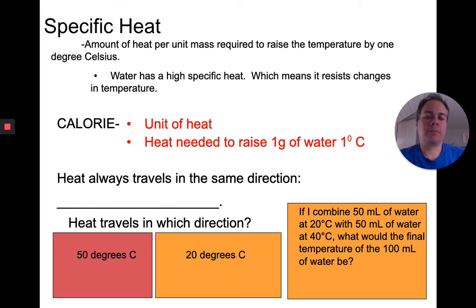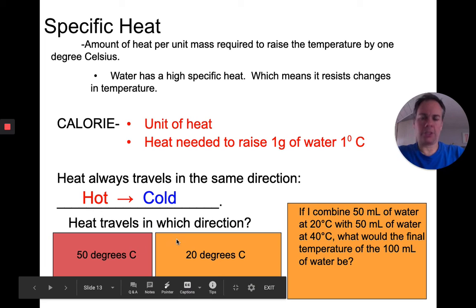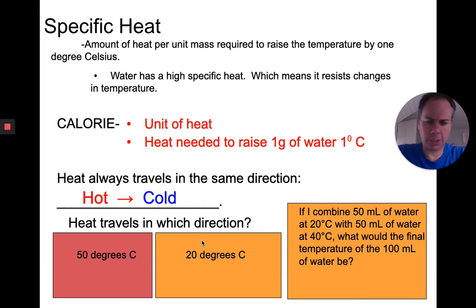And when we have substances of different temperatures, heat will always travel from the warmer object to the colder object. So if we have 2 containers of water, one is 50 degrees Celsius, one is 20 degrees Celsius, okay?